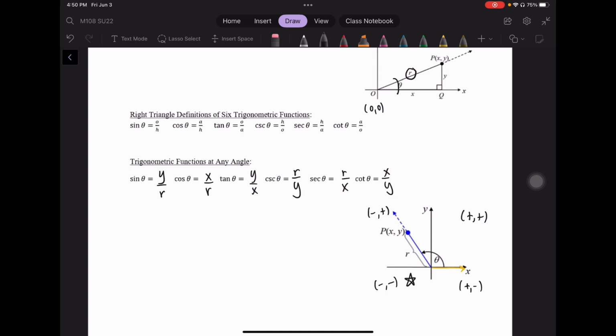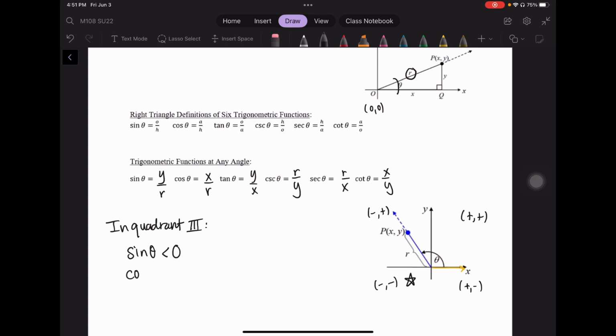In the third quadrant, both x and y are negative, which means in quadrant 3, the sine of theta is going to be a negative over a positive r. Remember, r is always positive because it's representing the distance of that ray. So we're going to have a negative over a positive, which is going to be a negative. So I could say that another way to write that would be to say that the sine of theta is going to be less than 0 because it's negative.